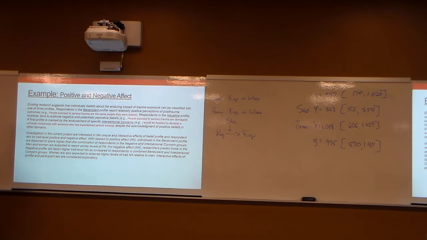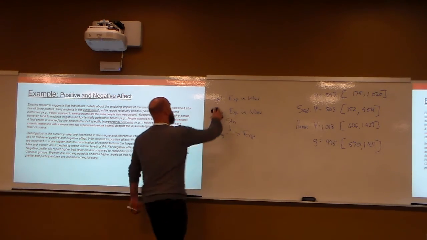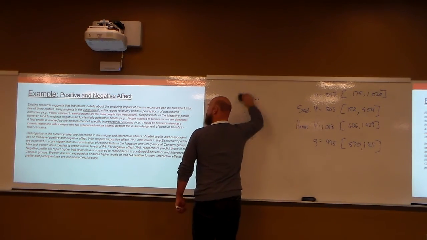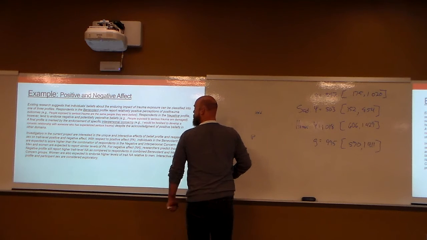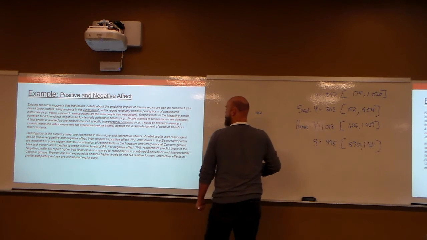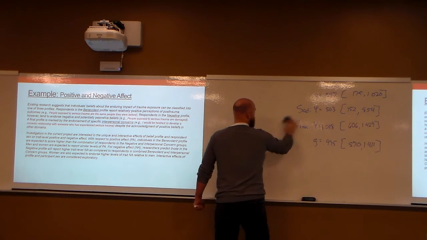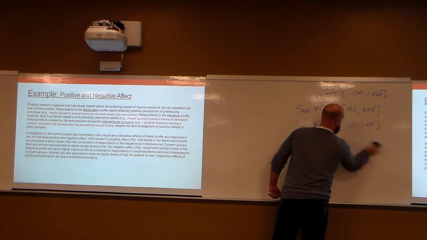Okay? And now we're going to come up with some specific hypotheses here. We're going to say that with respect to positive affect, folks in our benevolent profile are expected to score higher than the combination of people in the negative and interpersonal profiles.